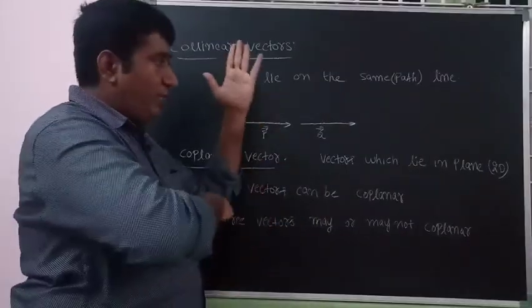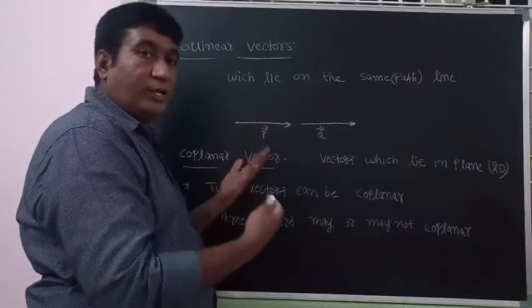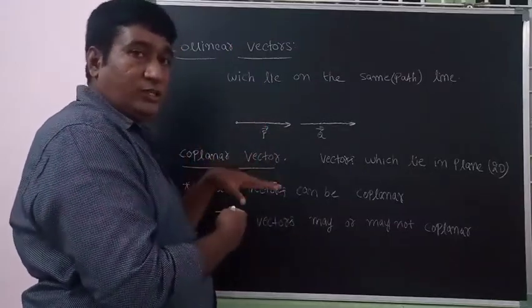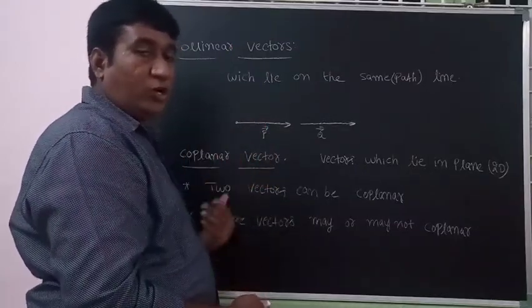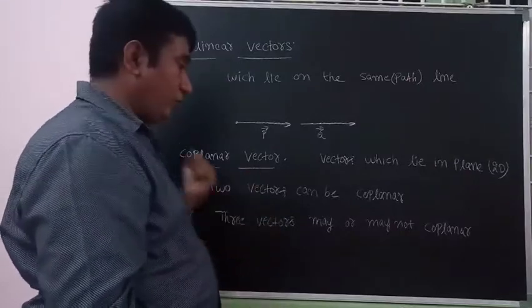If two have been taken in x and y, the resultant may lie in z, which is not in the 2D plane.